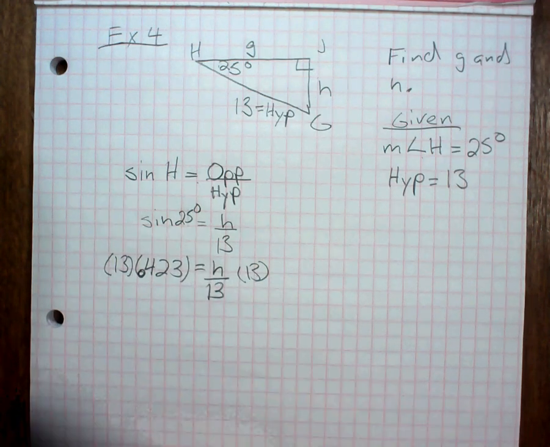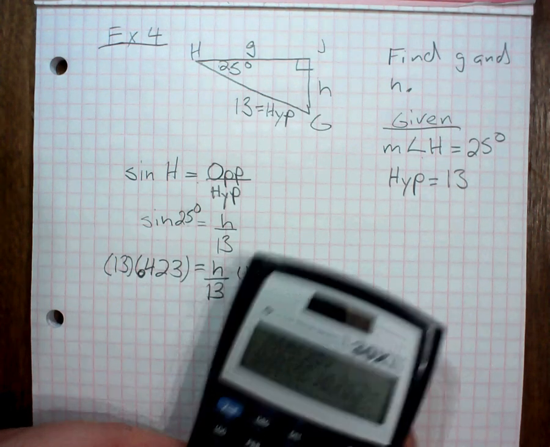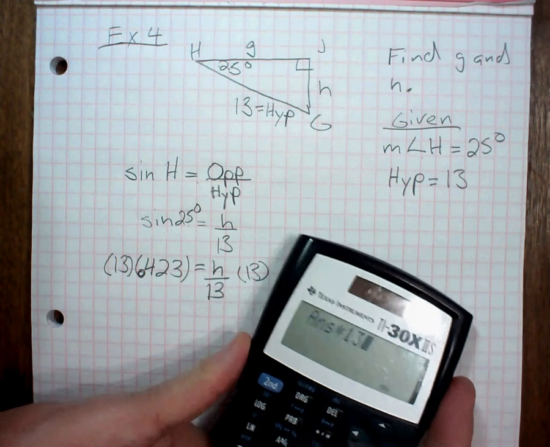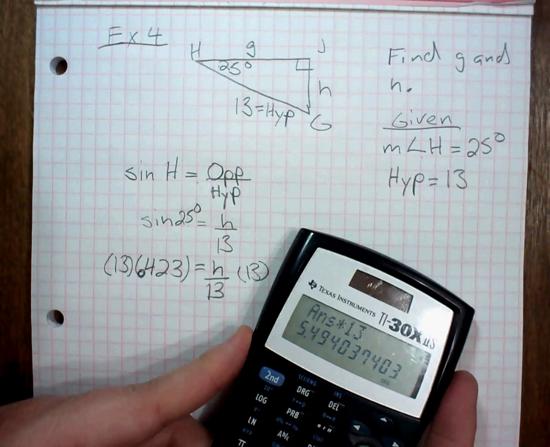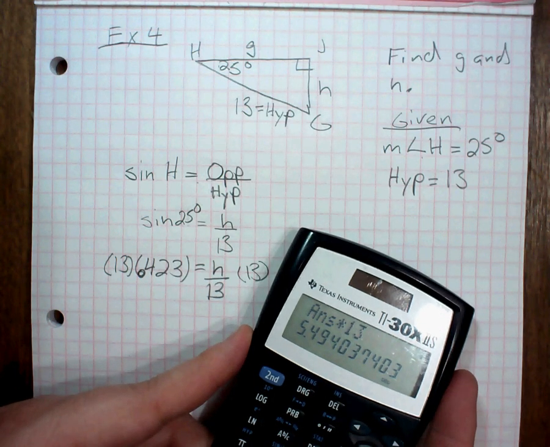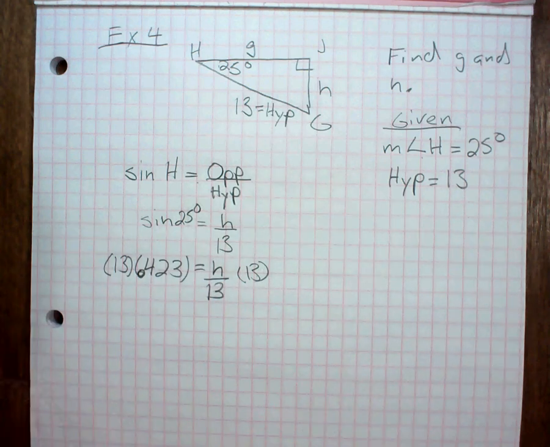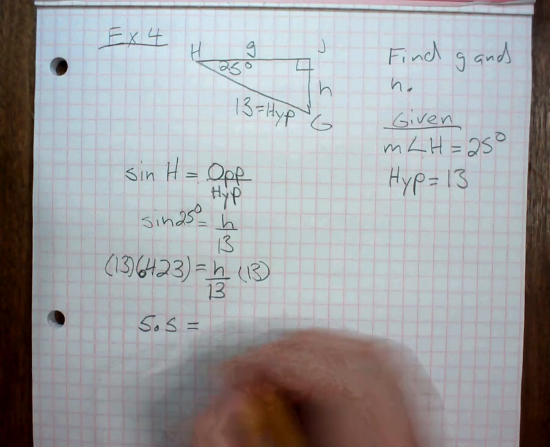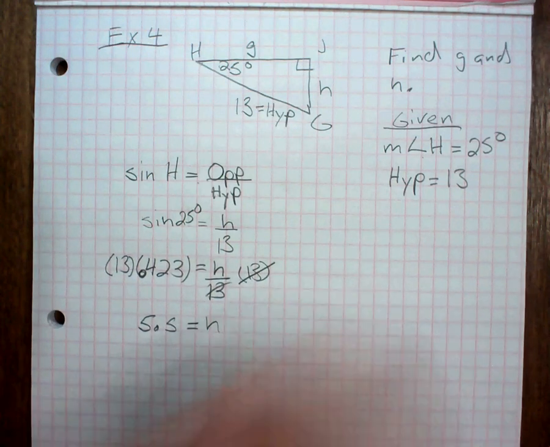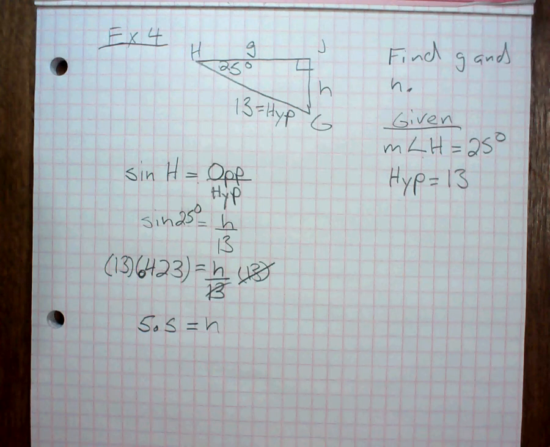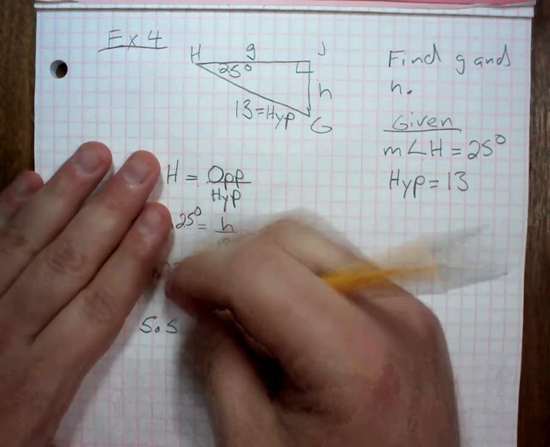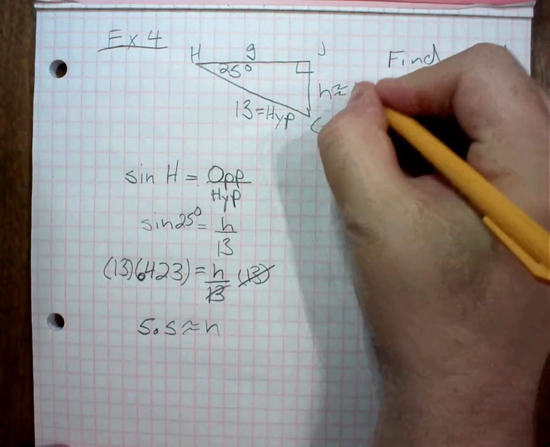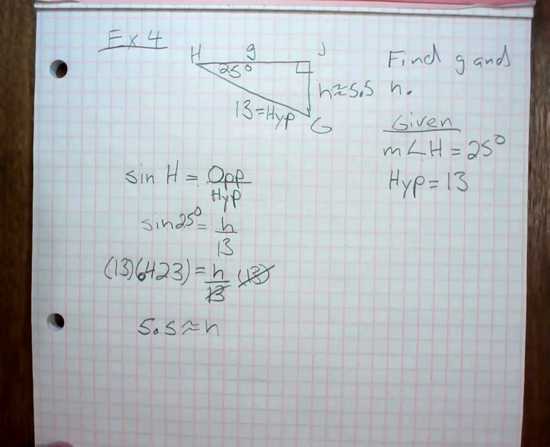So if I take this 0.423 number and multiply it by 13, I get 5.5 approximately. So this is about 5.5 is equal to h, and the 13s cancel each other out. So my length for h is about 5.5, and I should put the approximation symbol if I'm being good.